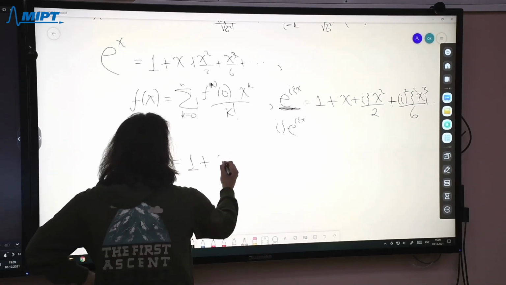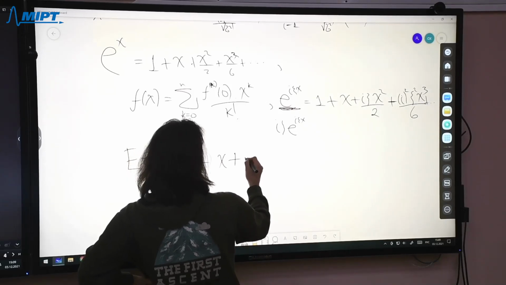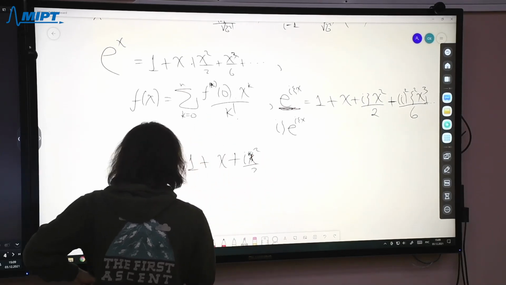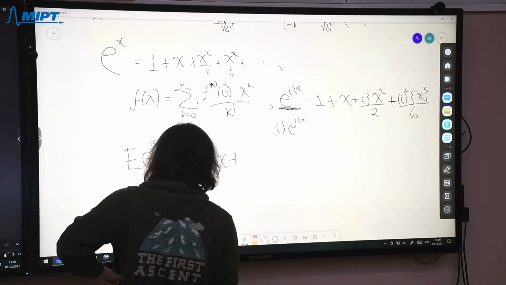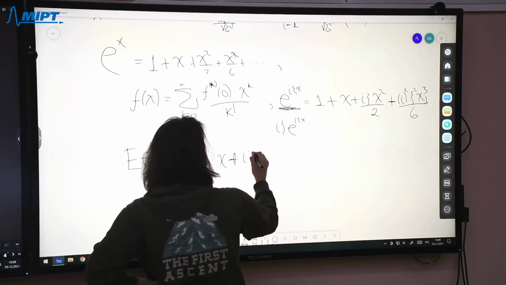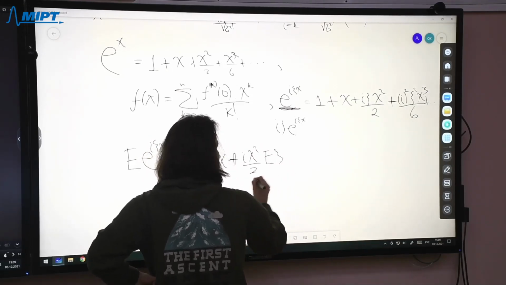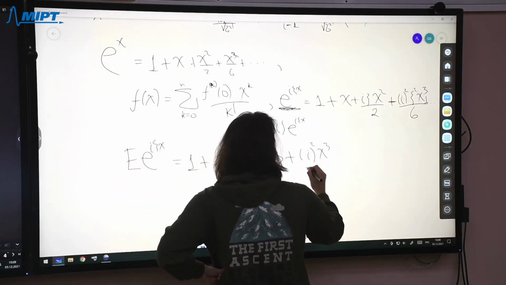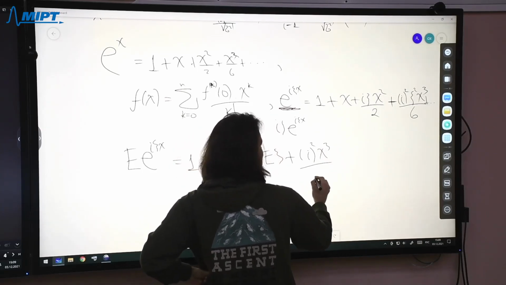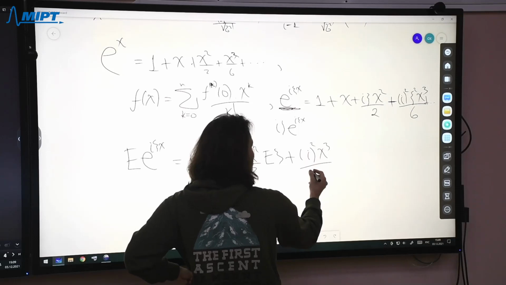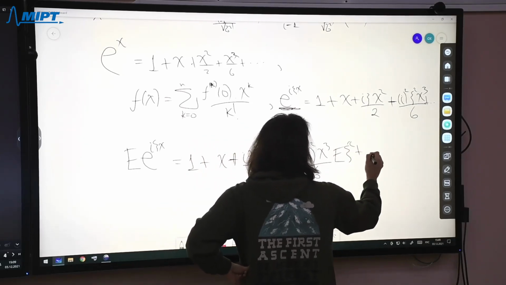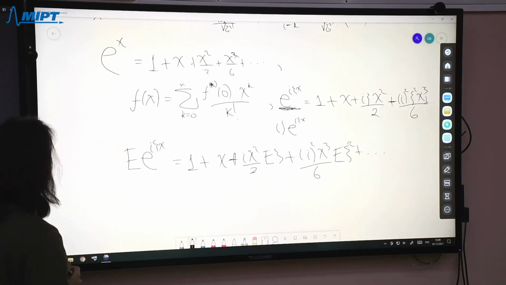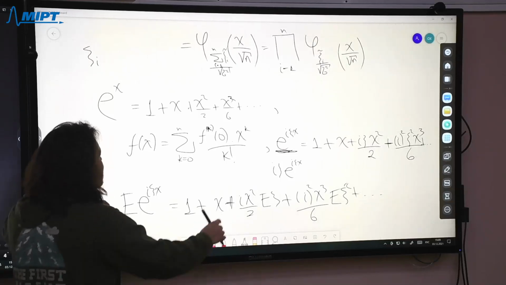Well, just x plus i x squared over 2, the expected value of psi, plus i squared x over 6, expected value of psi squared, and so on. Why do we have x here? Because of this, right? Okay, now why do we need this? Because this is what we have here.